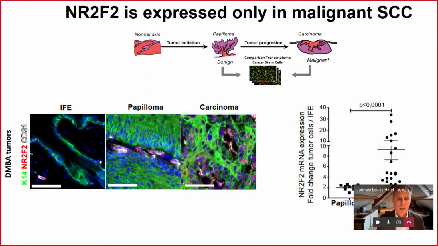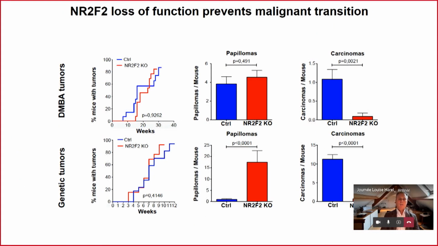Next slide. So we did, as we very often do in the lab, genetic loss of function of NR2F2, and loss of NR2F2 does not prevent tumor initiation, but it blocks all the tumors in their benign stage, and we could never see malignant tumors arising from fully NR2F2-deleted tumors.